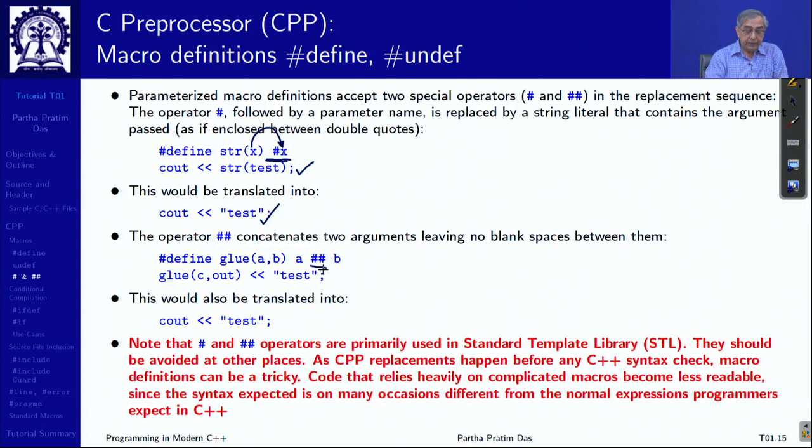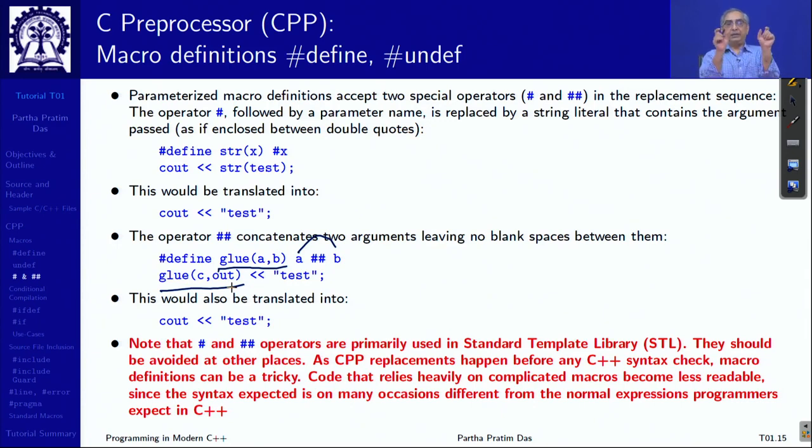Another very nice thing is you can concatenate 2 parameter strings into one, put them together. So, let us say there is a macro called glue which takes A and B, and this is to be concatenated. I can write cout as glue of c comma out.